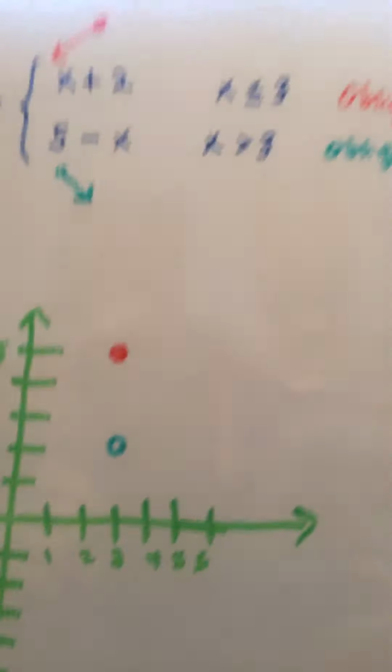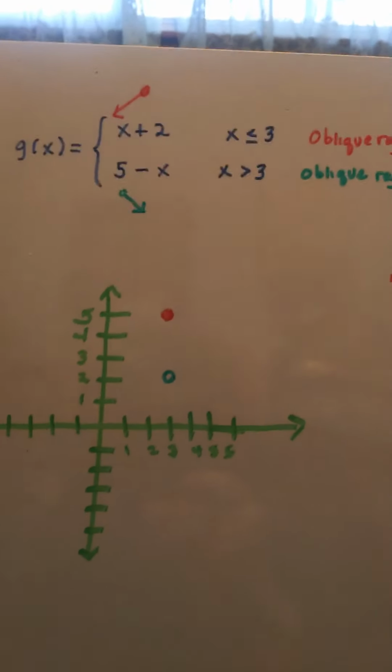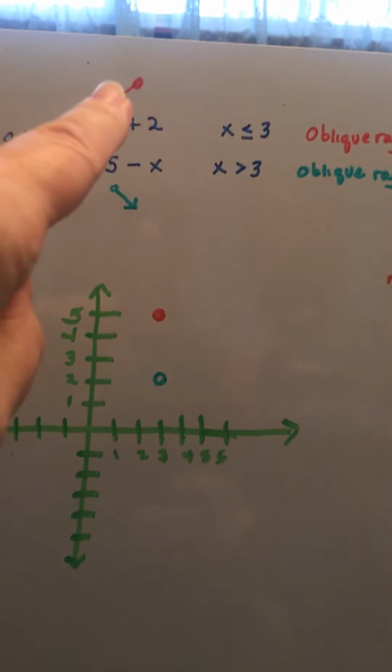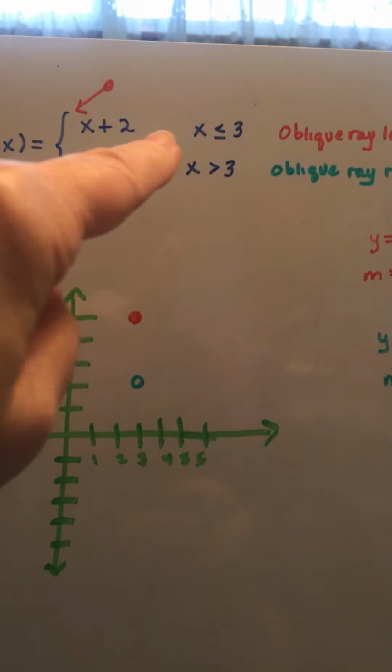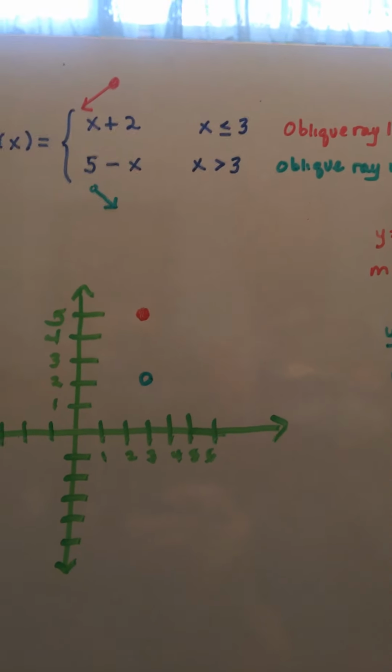So now let's look at one more example where I'm going to draw it as we go. I'm going to do the best I can. So what do I know? y equals x plus 2 is y equals mx plus b.